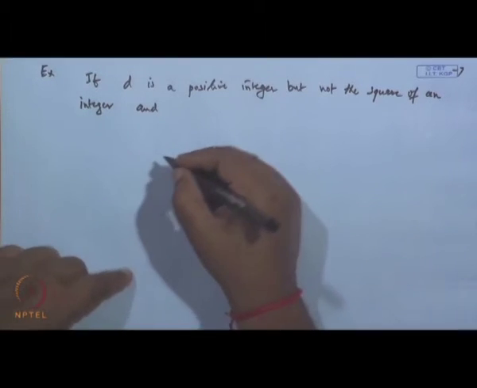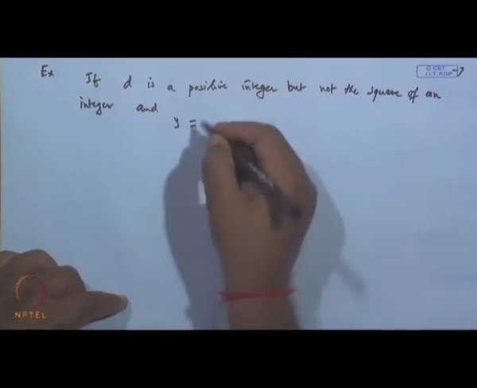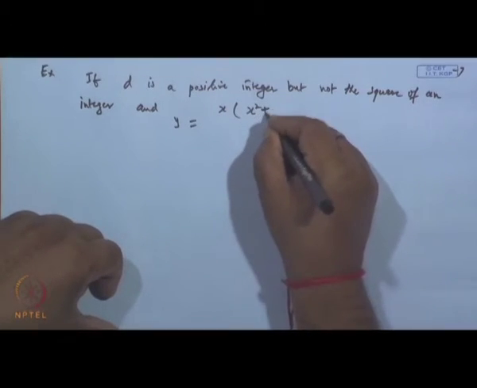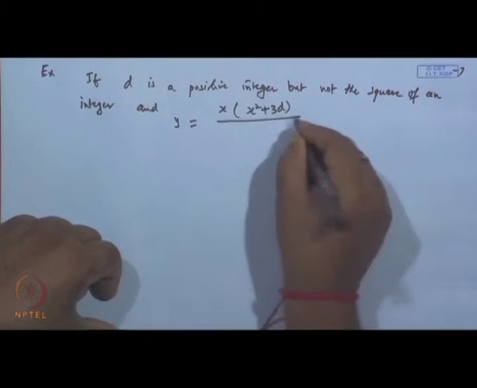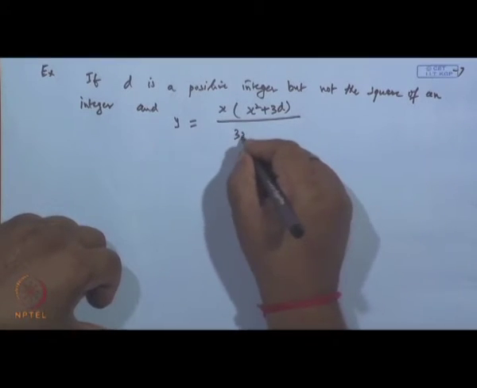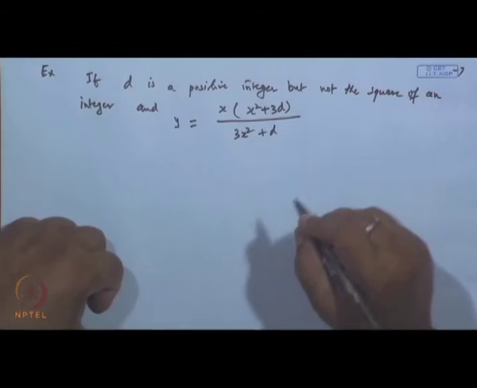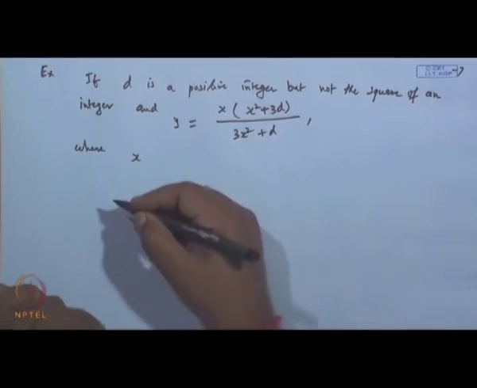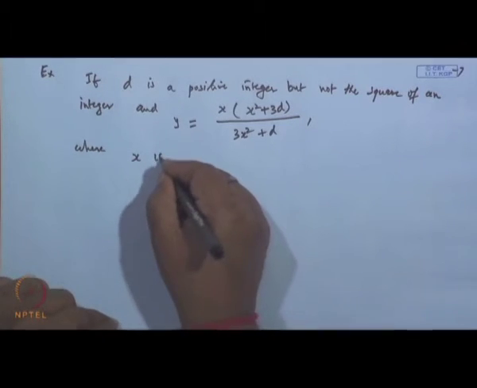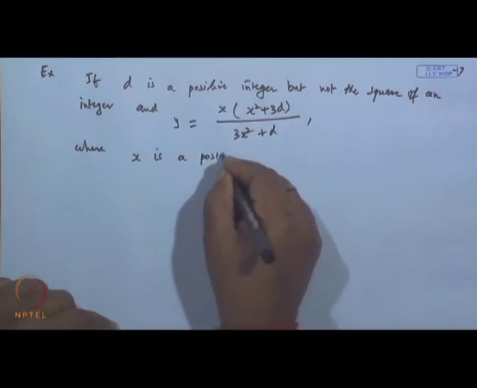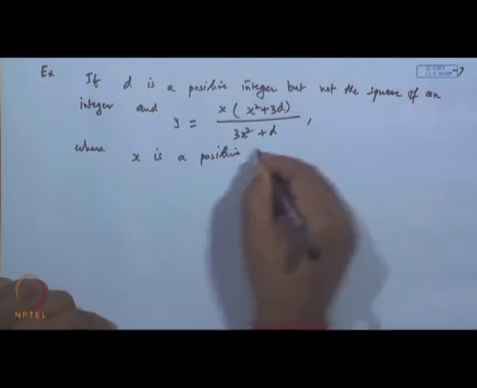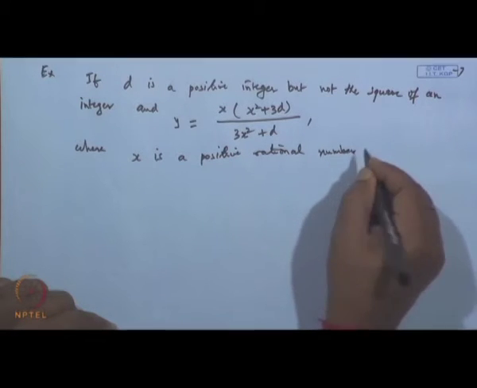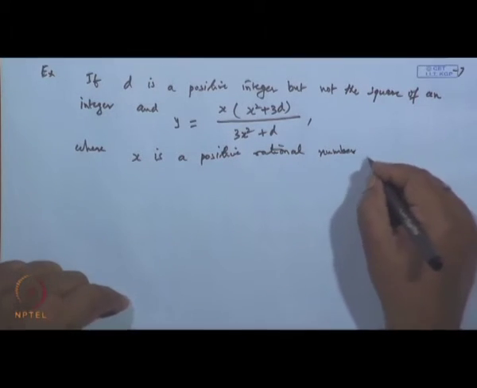y is written in the form, suppose y is x times (x square plus 3d) divided by (3x square plus d), where x is a positive rational number.